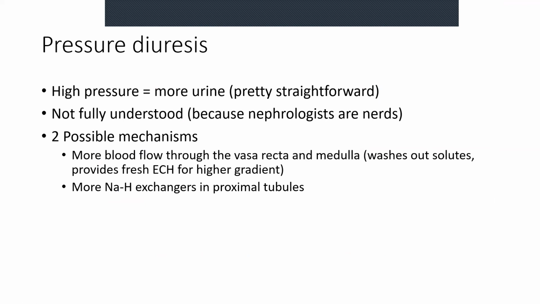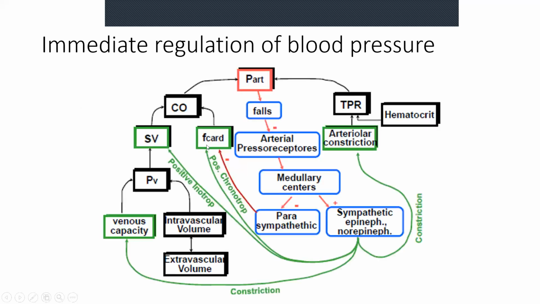And so the loop of Henle can basically pour more solutes into the extracellular fluid, which means you can lose more water afterwards. The other way is that sodium hydrogen exchangers are put into the proximal tubules. How does this happen? We're not really sure, but we know that it does happen.